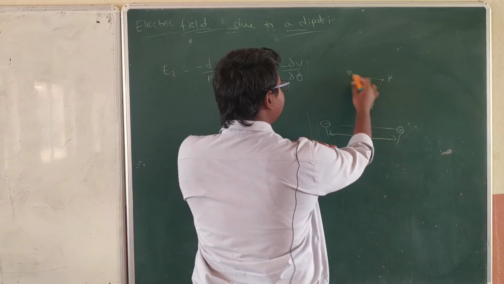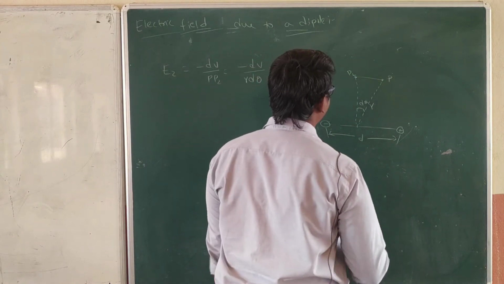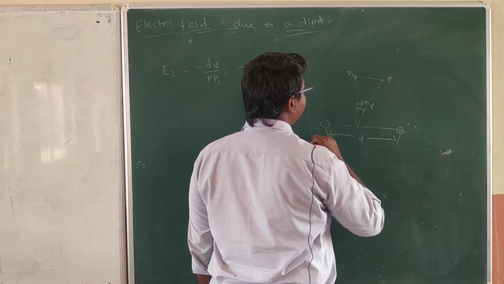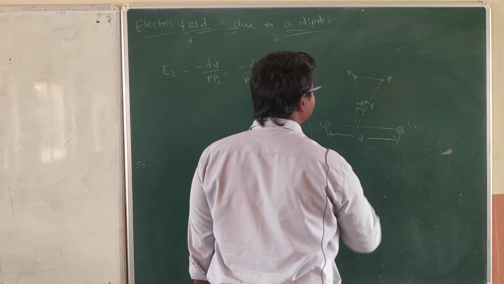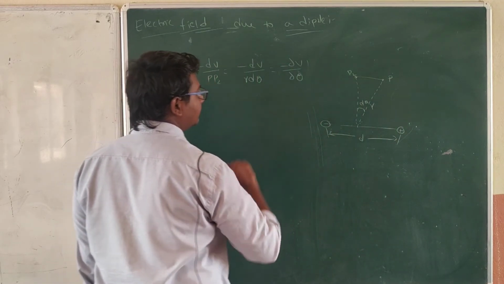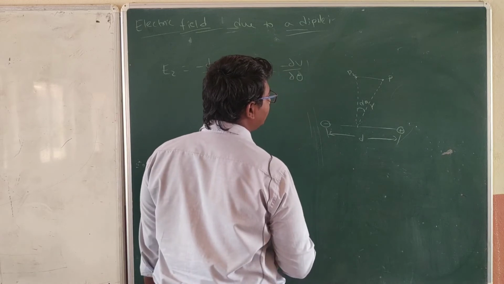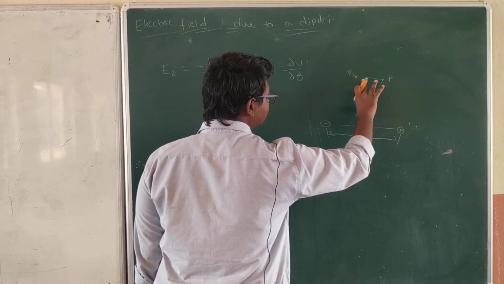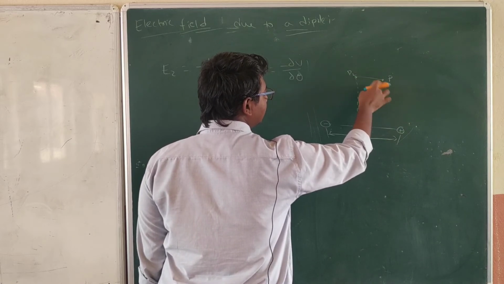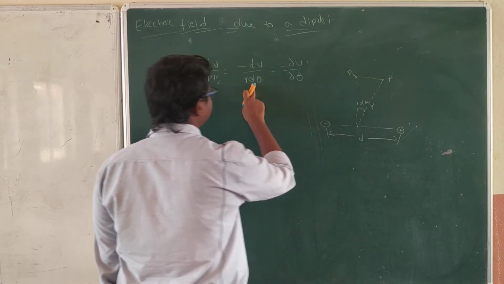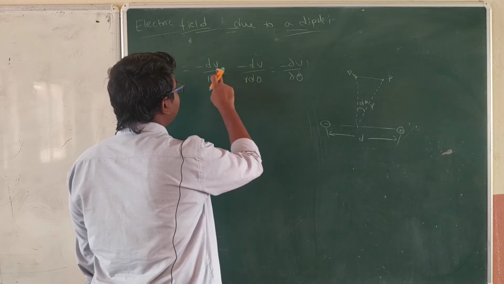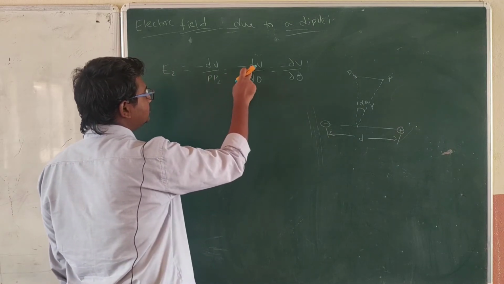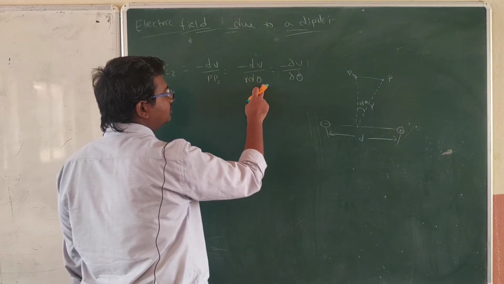This displacement value we need to find, that is PP2. From this diagram, if you see carefully, this is the radius and this is also a radius, and it is like an arc. The length of the arc is r into d theta. So dV by PP2 is dV by r d theta.